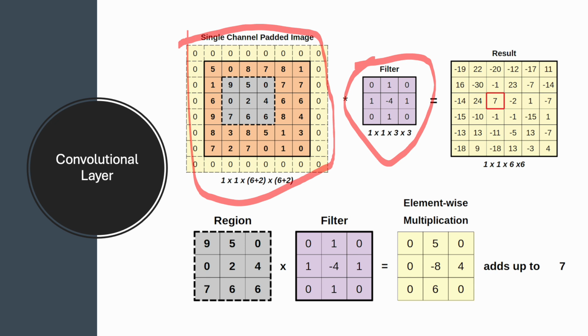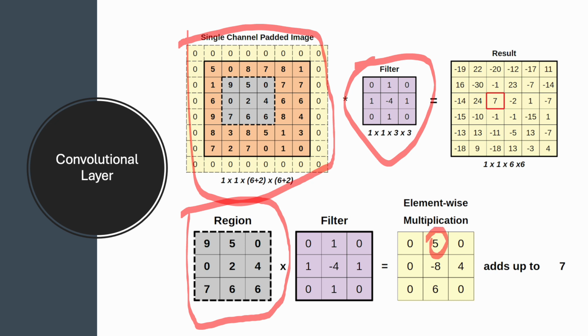So what the convolutional layer does, it applies this filter on this gray region. The operation it does is just multiplying each value. So 9 multiplied by 0, you get 0. Then 5 multiplied by 1, you get 5.